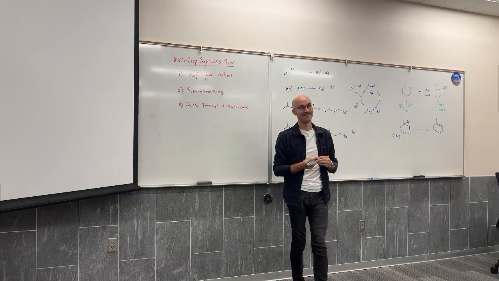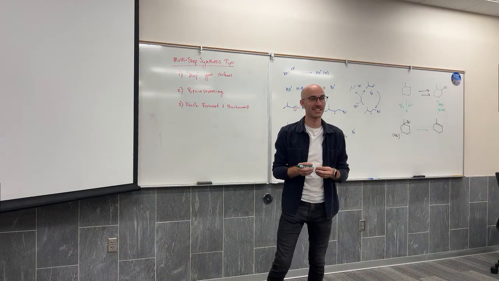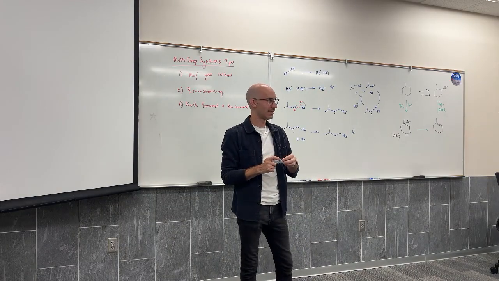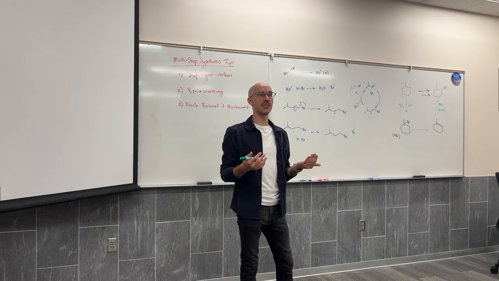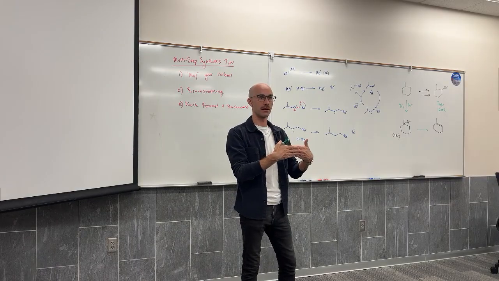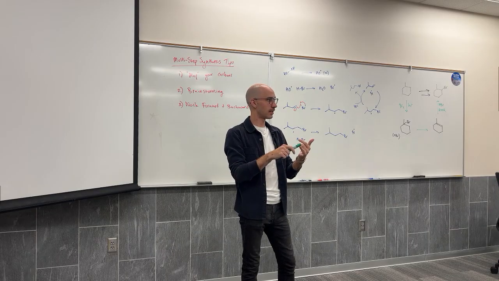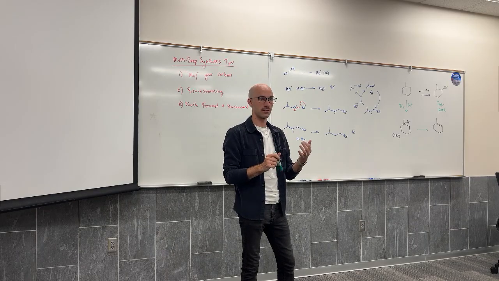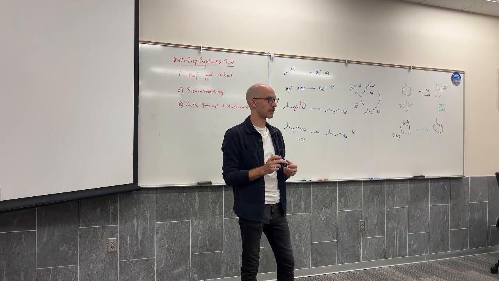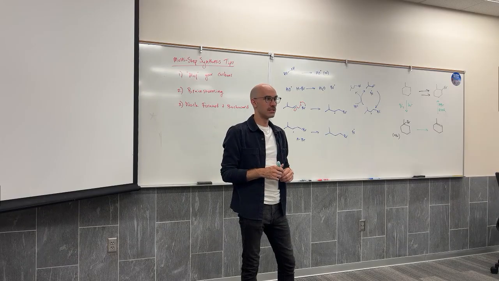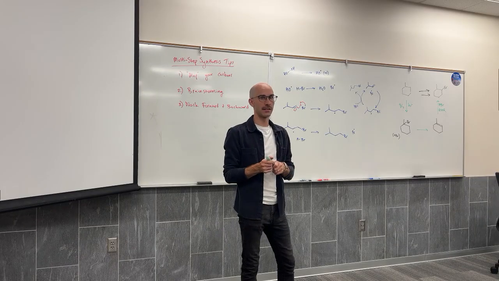No. HX will not be a reagent. What type of reaction is happening here at this step? Addition, elimination, or substitution? Elimination. Formation of an alkene. So what type of reagent should I add here?